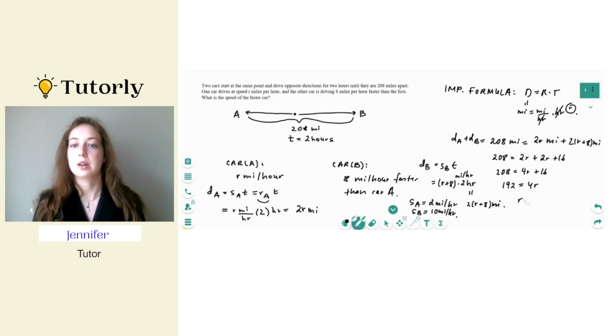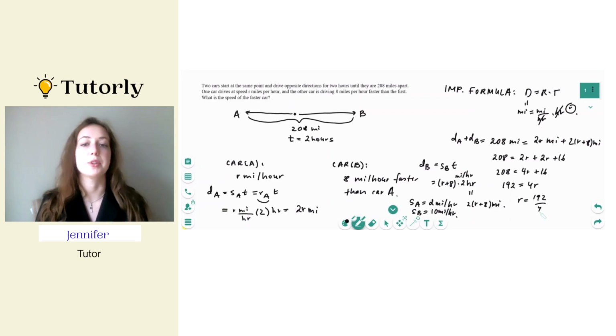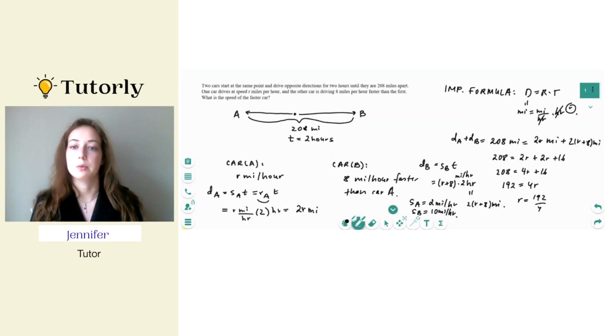Or in other words, R is equal to 192 over 4. With some mental math, we can realize that 192 over 4 is exactly 48.